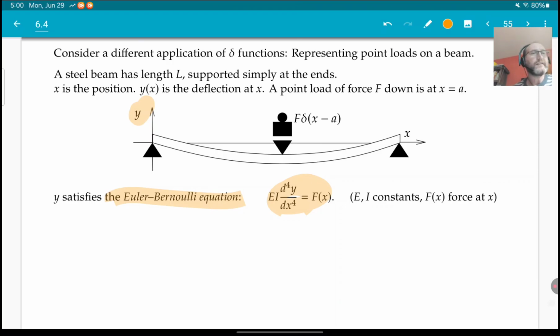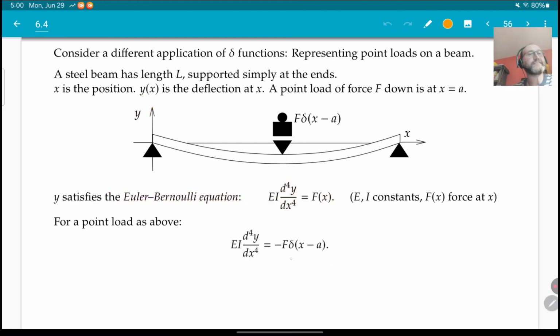E and I are just constants, and this is the force at any particular x on the beam. In our case it's going down, so it's minus F, and because it's at a single point and zero everywhere else, it's really the delta function.